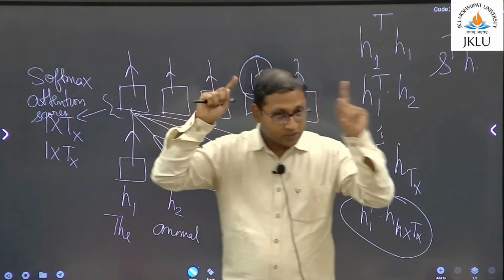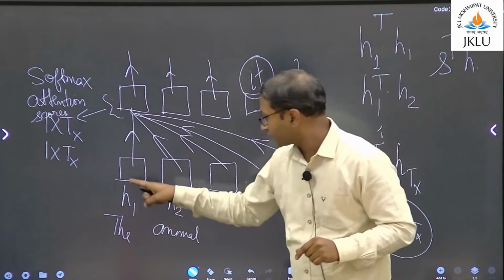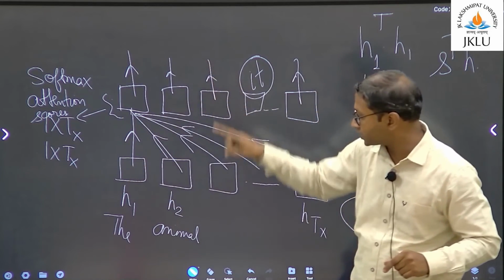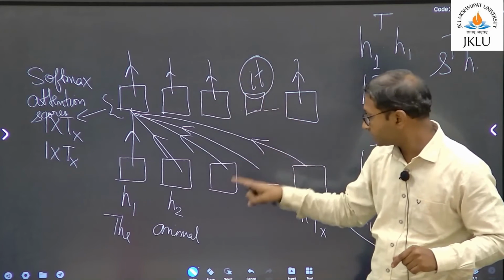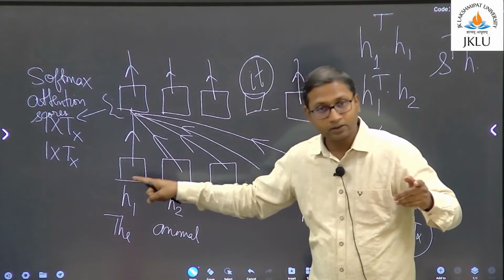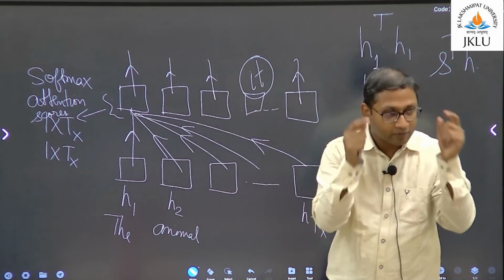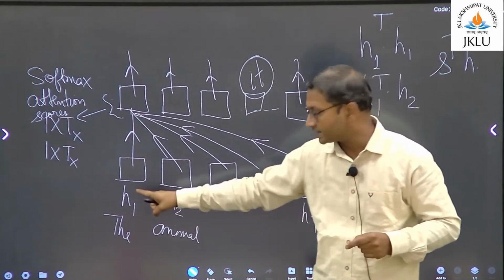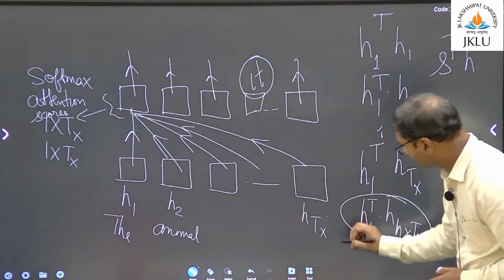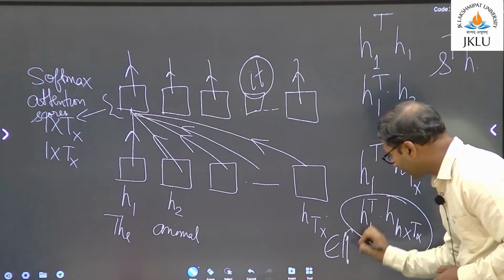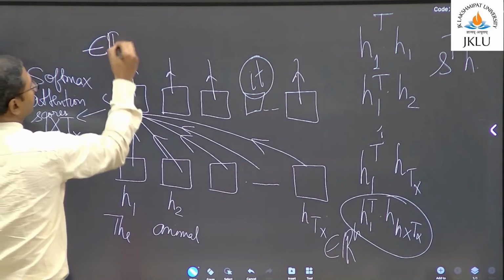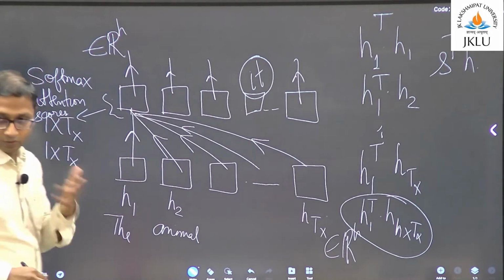Now this vector 1 cross Tx, so alpha 1 times H1, alpha 2 times H2, alpha 3 times, all the way until here. You multiply and then you sum. So what will be the resultant vector? Size same as H. So if all these guys belong to R to the H, then this guy will also belong to R to the H.